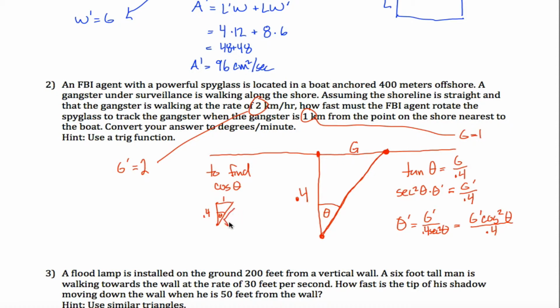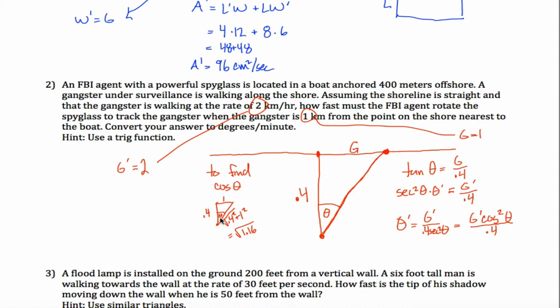This is the square root of 0.4 squared plus 1 squared. In other words, that's the square root of 1.16. Which, I don't know, maybe you can simplify that. Can you simplify that at all? If you can, I don't want to. I'm going to leave it as the square root of 1.16.